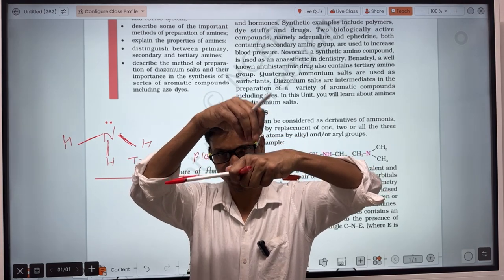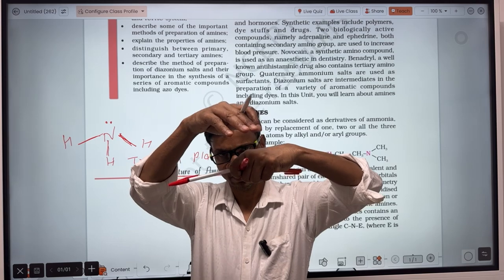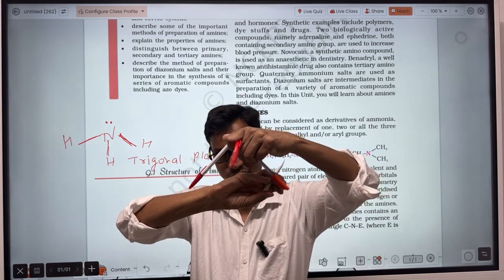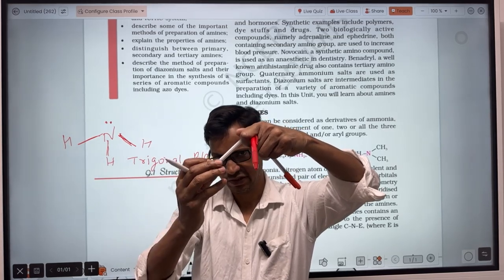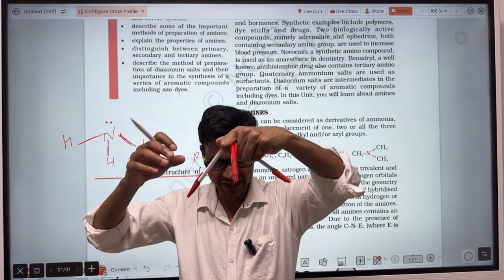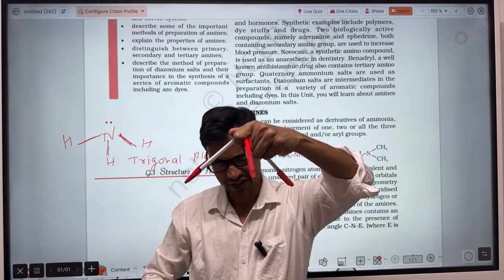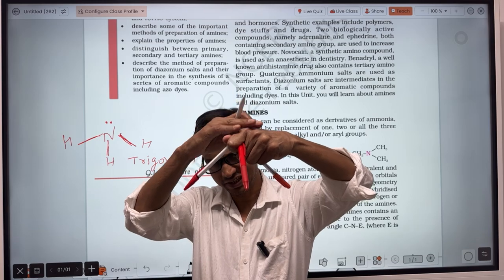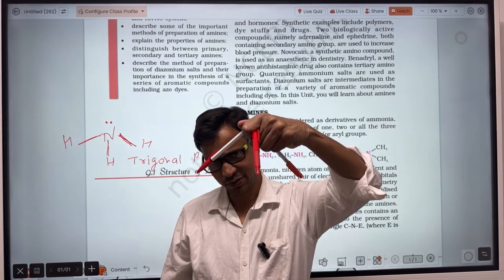Since there is a lone pair of electrons on the nitrogen, this lone pair will repel this bond pair, this bond pair and this bond pair. Along with that, the hydrogens will also move. So the three hydrogen atoms will lie on the same plane, and the nitrogen atom will be above that plane.